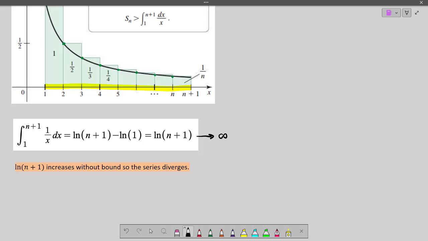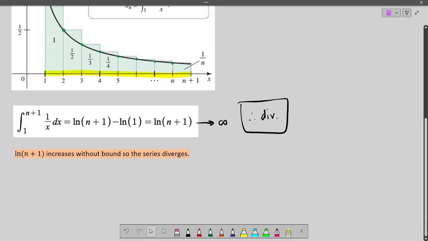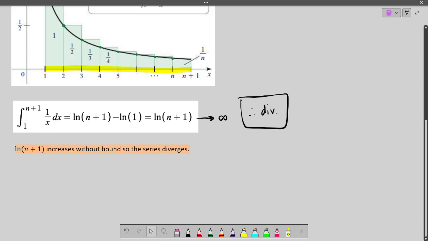So if the area under the curve is going to infinity as n is going to infinity, then S sub n, which is bigger than the area under the curve, must also be going to infinity. So therefore, we end up with divergence. So that proves to us that the harmonic series diverges.